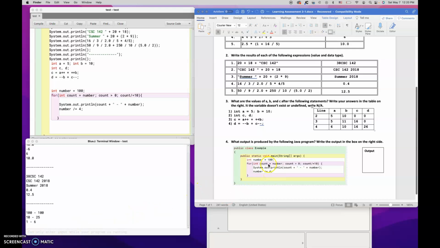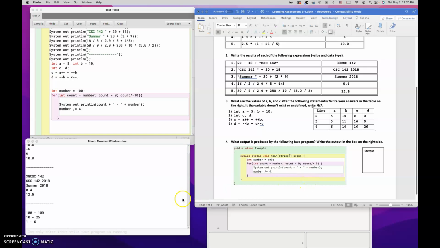So for the fourth example, we have this code. In the code, we know that number equals 100 and count equals number, which is 100, count greater than 0, count divided by 10. Okay, so the program will print number and count the same, which is count equal number.